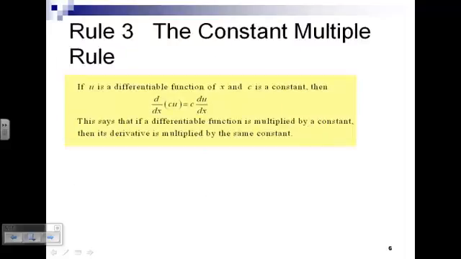And now we go on to the constant multiple rule. It says if we're taking the derivative of something in the form cu. By the way, there are certain conventions that our book uses. As I mentioned before, letters like A, B, C are considered constants.